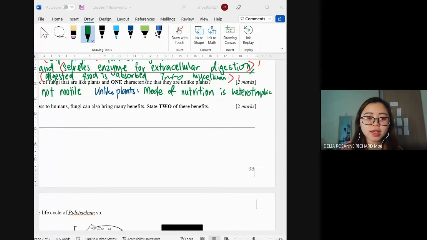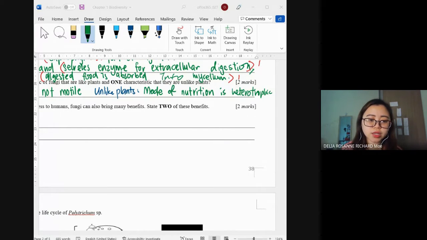Okay, alright, good. Alright, so Lim's answer in the chat, yang unlike plant, jawapan dia adalah energy reserve is glycogen. Okay, so that is correct. Energy reserve for fungi is glycogen. Energy reserve for plant is starch. So that is correct.